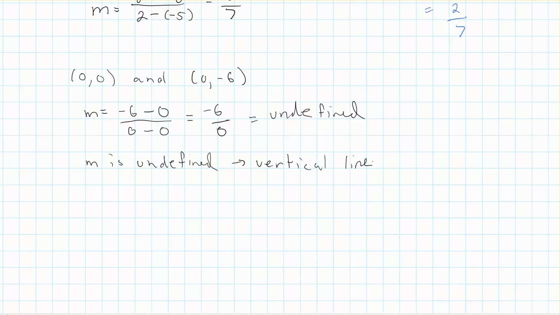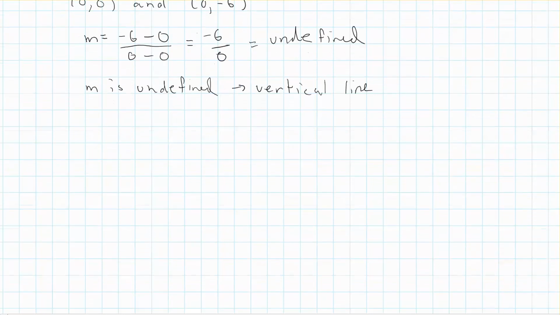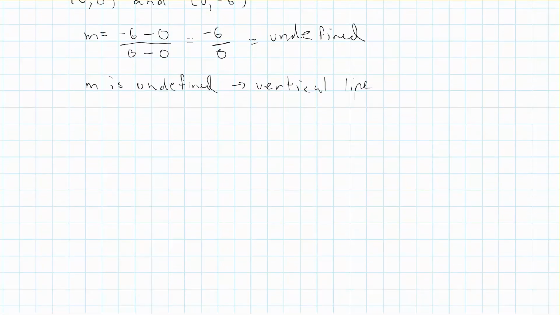Let's look at one more example here, just to wrap things up. The reason I want to go over this is that for some reason these last two examples sometimes trouble people when they see them on homework problems. So you have 0, negative 1, and 3, negative 1. I'll go ahead and label these x1, y1, and x2, y2.